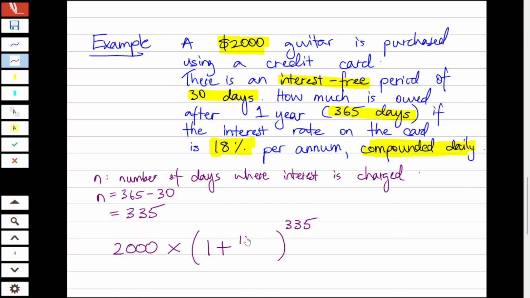So in this case, if you think back to the formula with P, this time P equals 365. So I'm going to divide 18 by 365, and that's going to give me my daily interest rate. All right, so if you're happy with that, now all you need to do is grab a CAS calculator out and evaluate this. So I invite you to try it, and I'll do it too on the screen.